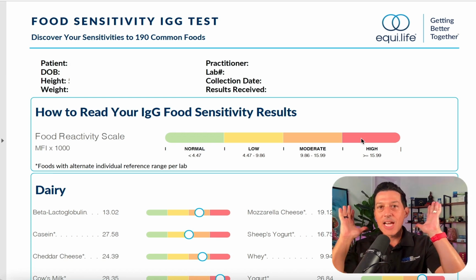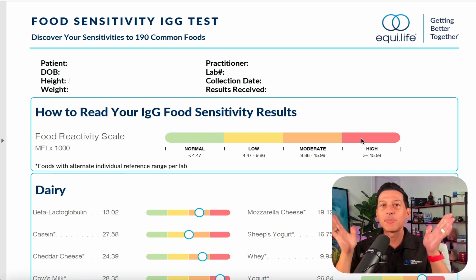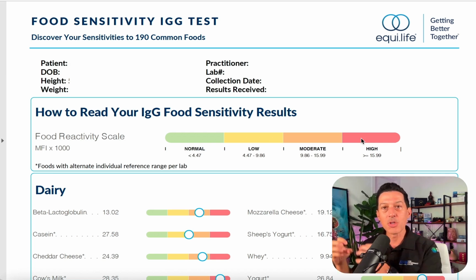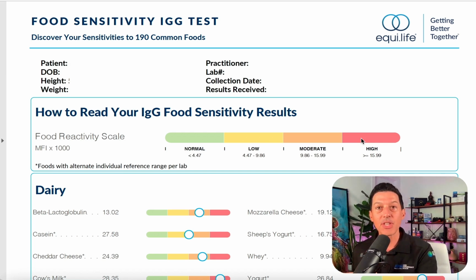Because it's not saying I'm going to look at kidney beans. It says I'm looking at the amino acid sequence of kidney beans. And those amino acids is what it's reacting to, right? So you can be reactive to something without eating it. I know that doesn't make a lot of sense, but you can look up these different terms, which is molecular mimicry.